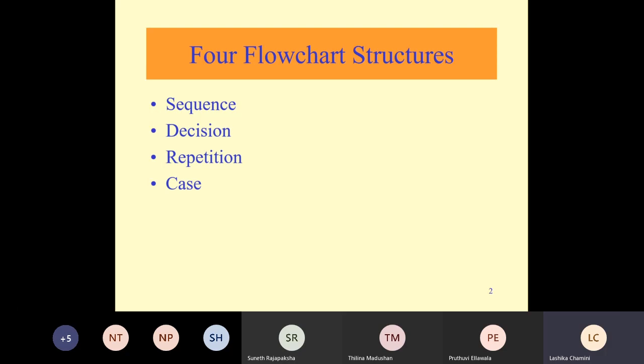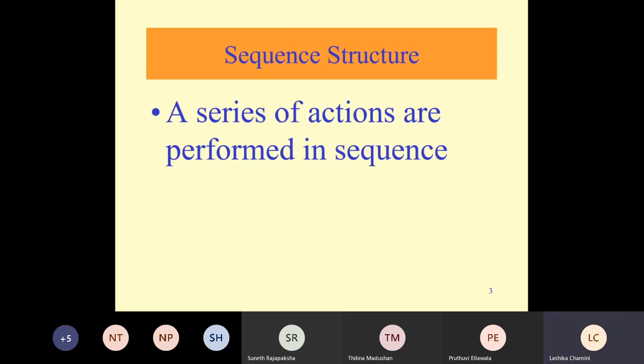When we discuss the structures of a flowchart, we can divide it into 4 groups: sequence structure, decision structure, repetition structure, and case structure. For now, we'll have a short description of each structure, and next week we'll discuss them more.